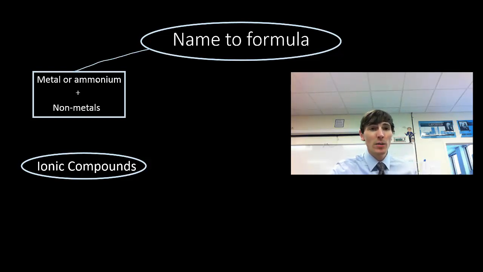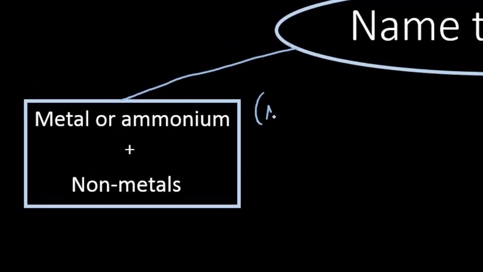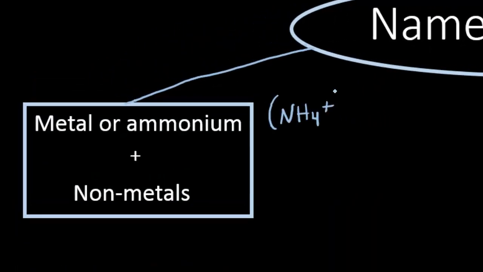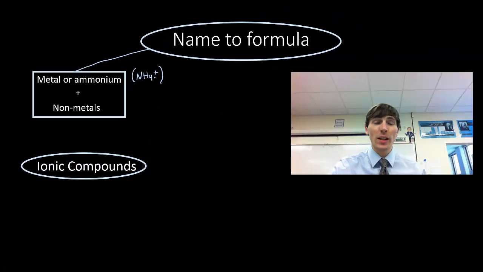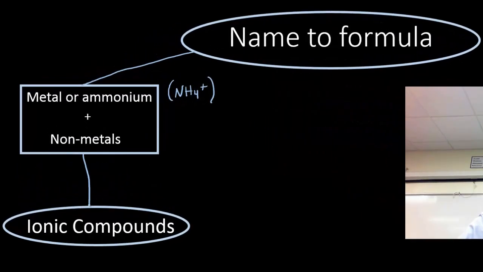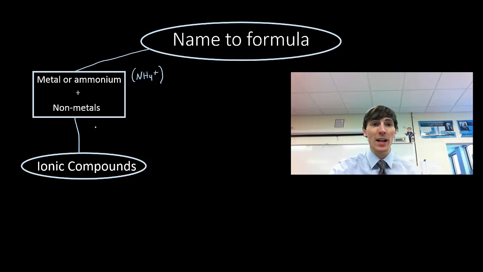If the compound starts with a metal, let's say copper, which would start with Cu, or ammonium, which is NH4 plus 1, one of those weird polyatomic ions that's positive, and it has nonmetals in the compound, then it's going to be ionic. Remember, metals and nonmetals transfer electrons, so we have ionic compounds. We have a special set of rules for naming ionic compounds, and that's what we're going to talk about today.